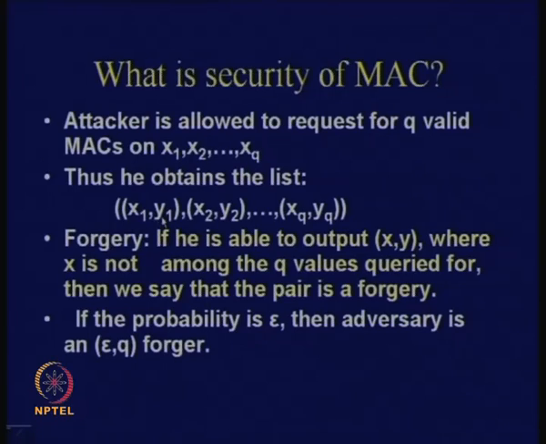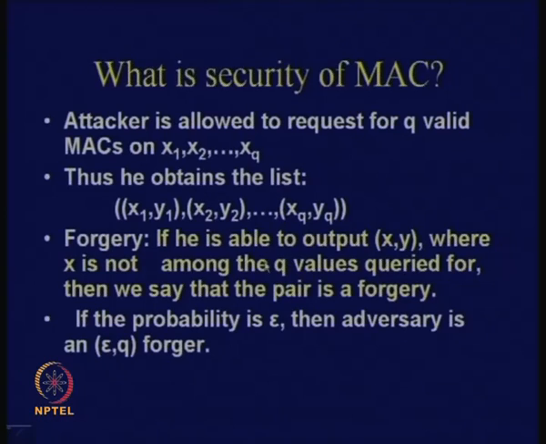All of these y values are the valid MAC values for the x values. So, y1 is nothing but the MAC of x1, y2 is the MAC of x2, and yq is the MAC of xq under a given key.